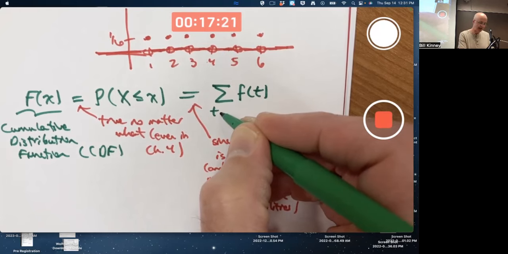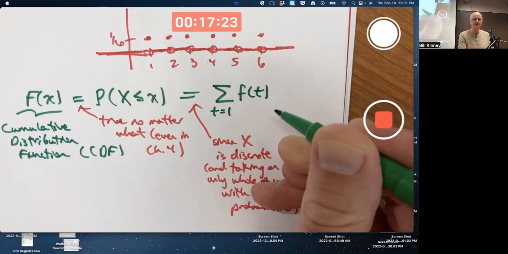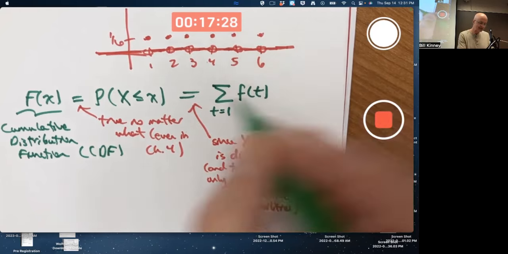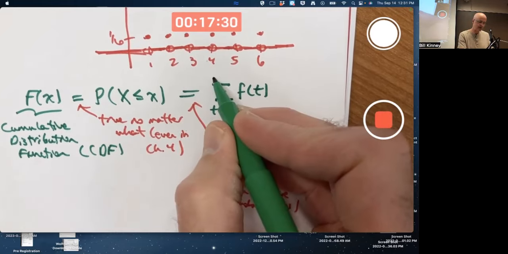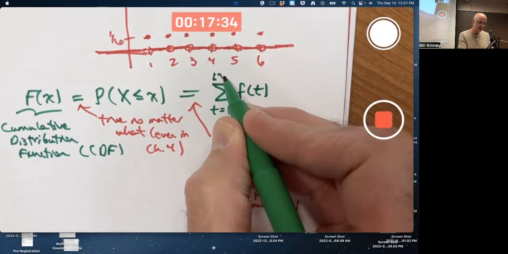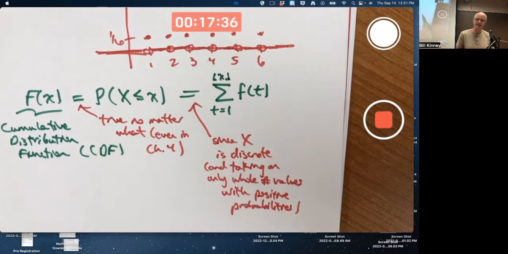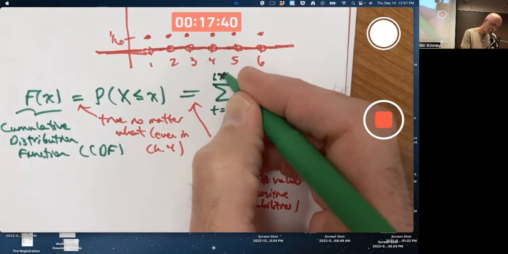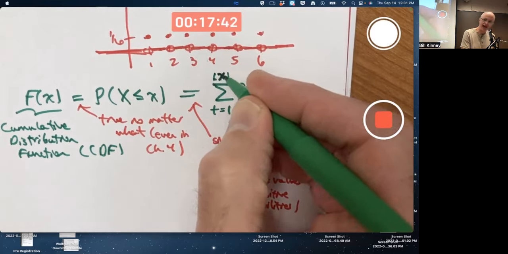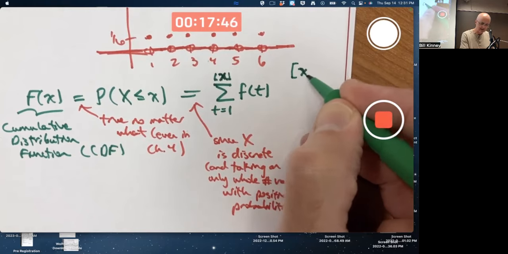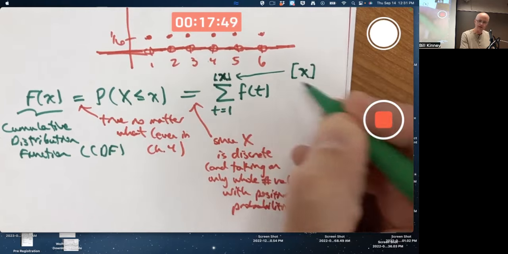I'll start it at 1. And do I go up to x? Well, you saw it in the reading. Technically, we should go to the greatest integer in x, which I write like that. I think the book writes it more like this in the book.